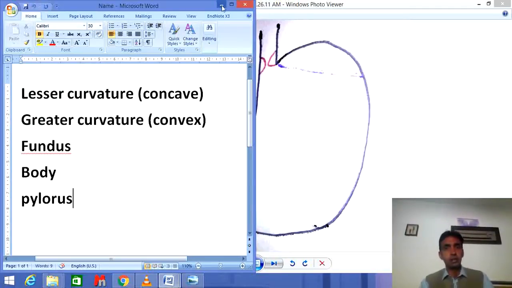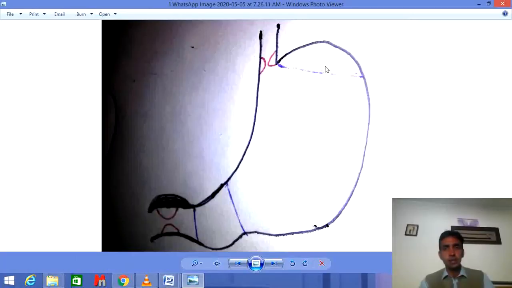Three main parts: the fundus, the pylorus, and the body. The pylorus is further divided into two main parts. This is the pyloric antrum, and this is the pyloric canal.